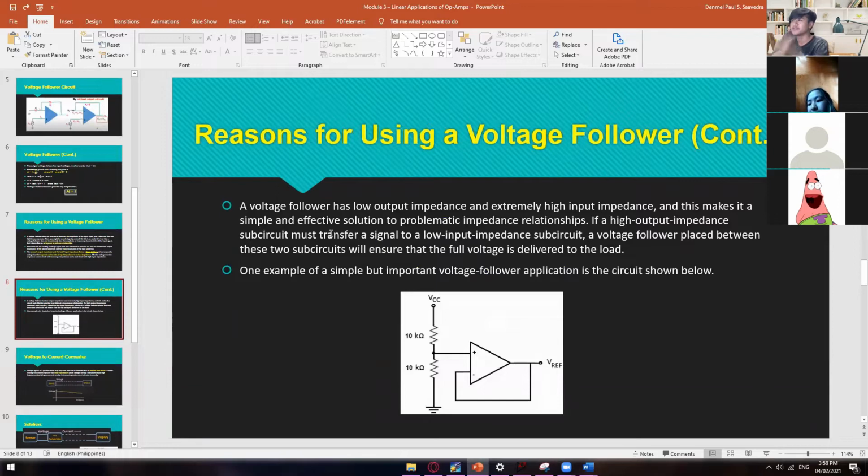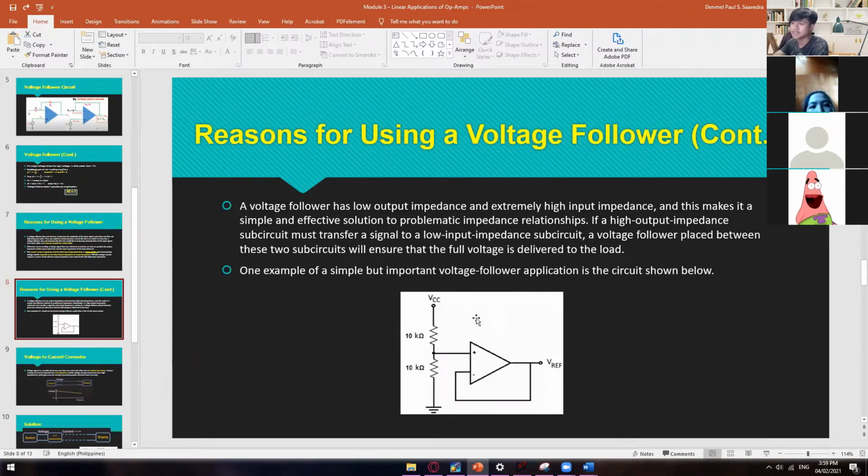So here are the other reasons wherein we use a voltage divider. So a voltage follower has low output impedance and extremely high input impedance. And this makes it a simple and effective solution to problematic impedance relationships. So if a high output impedance subcircuit must transfer a signal to a low impedance subcircuit, a voltage follower placed between these two subcircuits will ensure that the full voltage is delivered to the load.